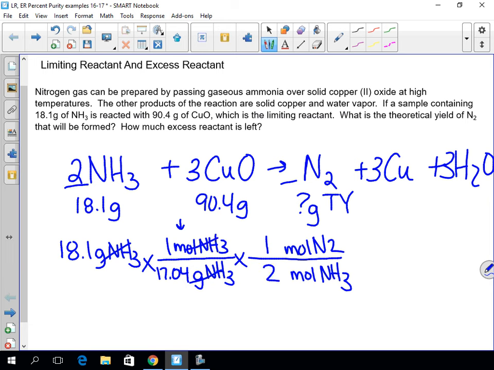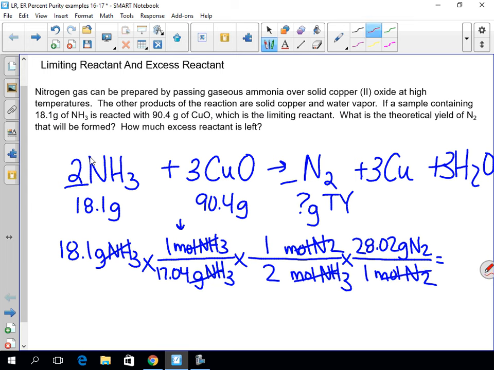That cancels out our moles of ammonia. Now our last step is we want to get this back into grams. So 1 mole of nitrogen again, and the molar mass of nitrogen is 28.02 grams. And our moles of nitrogen here cancel out.